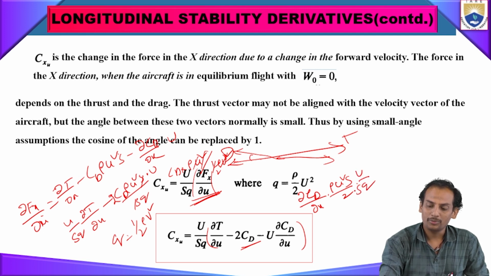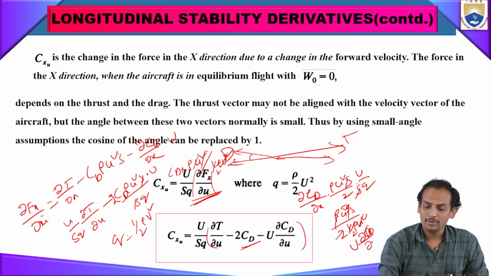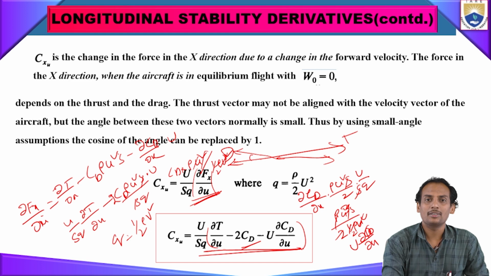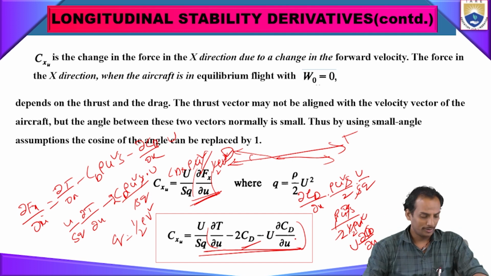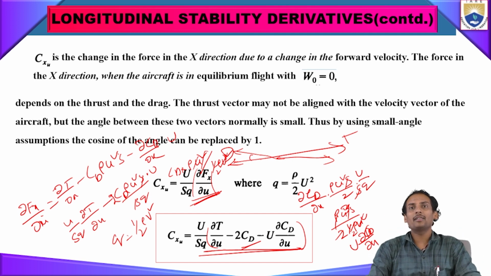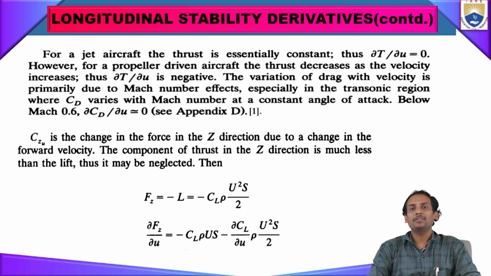So u by SQ will be ρ u³ S by 2 into half ρ u² S; the ρ gets cancelled, and that will be u into ∂CD/∂u. So the final equation will be u by SQ into ∂T/∂u minus 2CD minus u into ∂CD/∂u. That will be the expression for CXu.